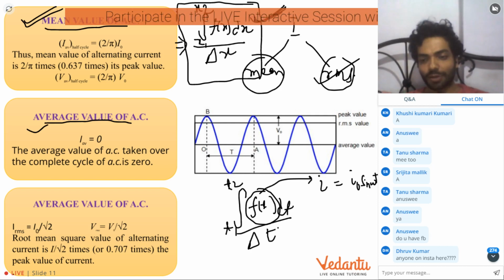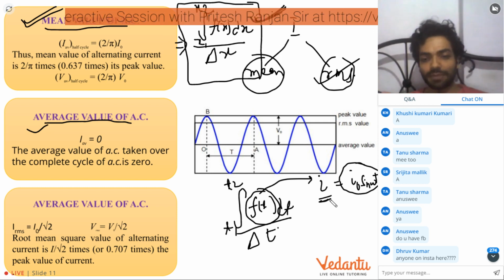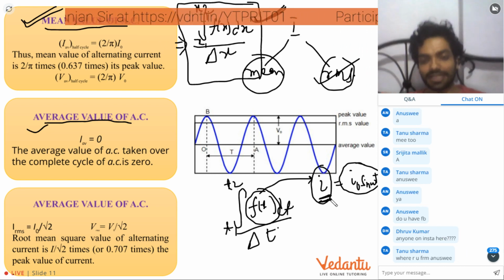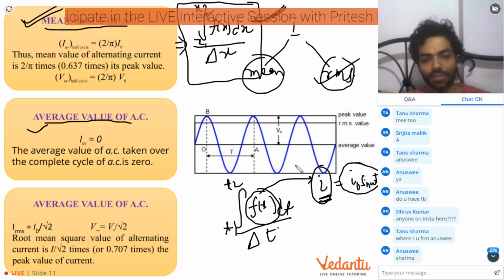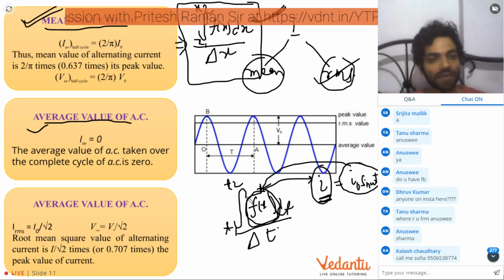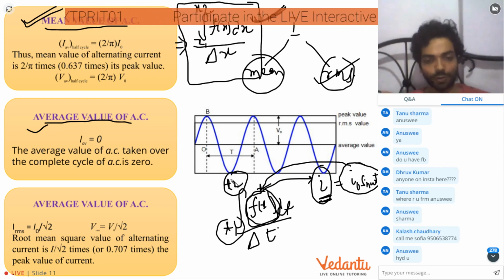You can observe here, guys, this I is now a function of time t. Based on the time, the instantaneous value of current will change. So you can put I naught sine omega t in place of f(t), and you can find the mean value or the average value within any time frame from t1 to t2.